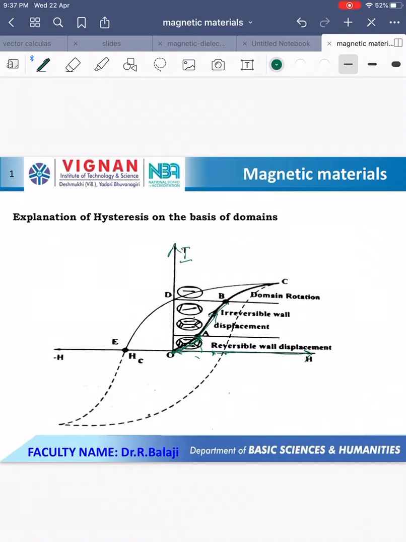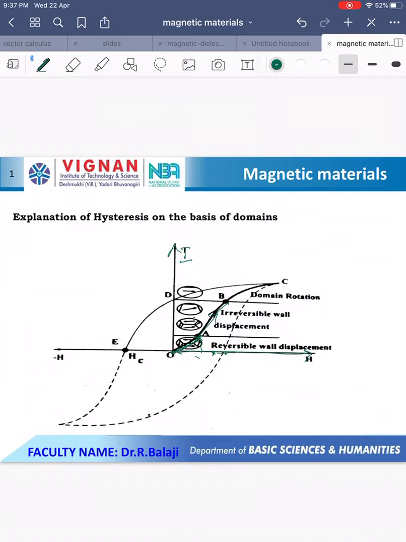Here there is no reversible domain because the domain walls move a larger distance. This process is indicated as AB in our figure. In this region, the domains are called irreversible domains.